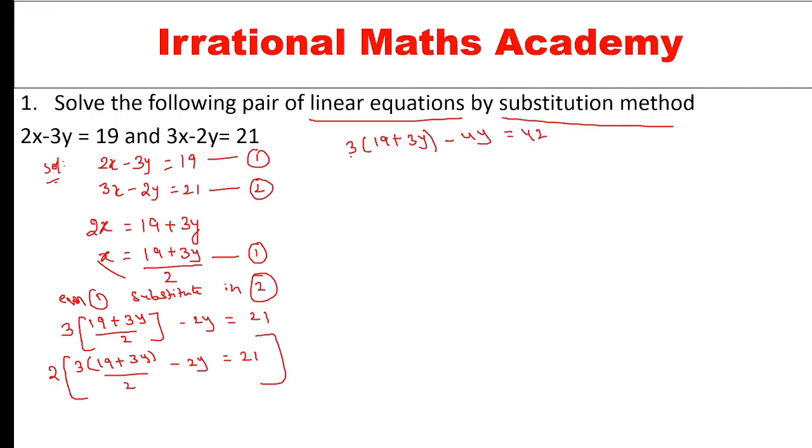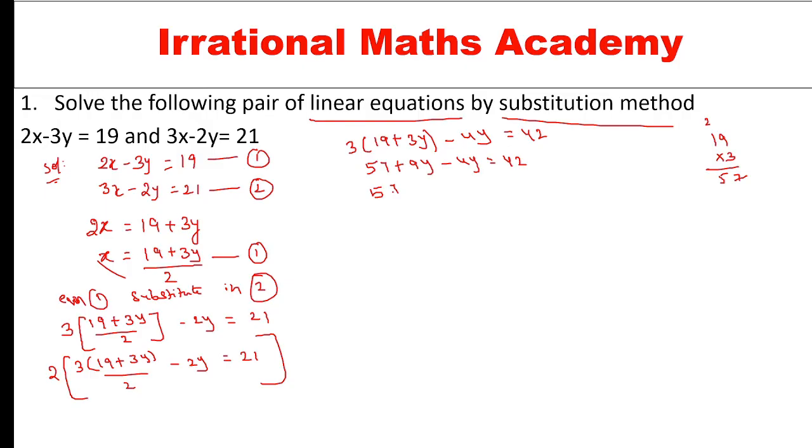Clear? Next I'll multiply and simplify this one. 19 into 3: 9 3s are 27, 3 1s are 3, 4 5, 57. So 57 plus 3 into 3, 9y, minus 4y equal to 42.